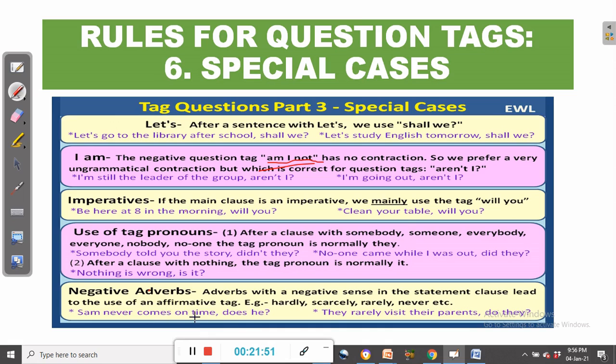Sam never comes on time, does he? They rarely visit their parents, do they? So you can see that where we have such negative adverbs in the statement, then the tag that follows has to be positive, in line with the principle of negative, positive, negative.